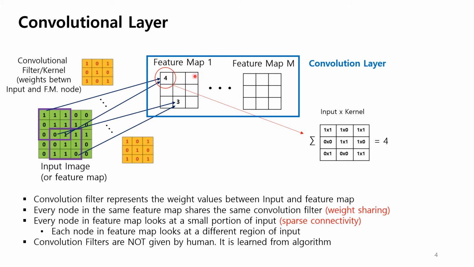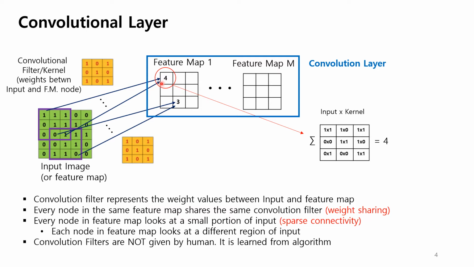So in the same feature map, their weight values are the same, but in a different feature map, their weight values may be different. Within the same map, the weight values are the same, but these values and these values are different. So that's how we construct the feature map and convolution layer.